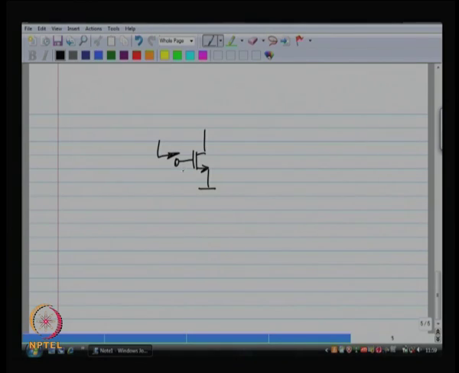The input impedance is primarily capacitive, right? Looks primarily like a capacitor. Over here we have got CGS and there is some CGD, which through Miller effect is going to be multiplied by the gain of the MOSFET plus 1, and it is going to come in shunt with CGS, etcetera.